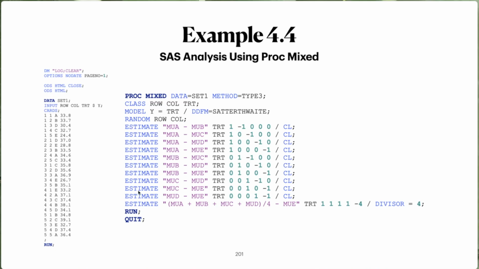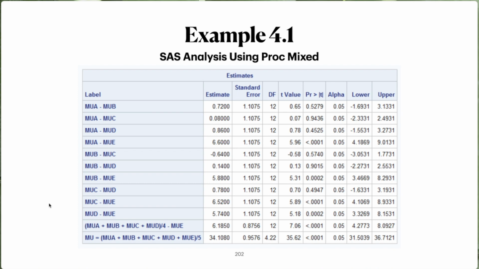Then these estimate statements construct point estimates, and because they have the /CL option afterwards, they also calculate confidence intervals. If we look at the next slide, we see the output of SAS. We have point estimates for each of these linear combinations of the treatment means, and the lower and upper 95% confidence limits for each of those.